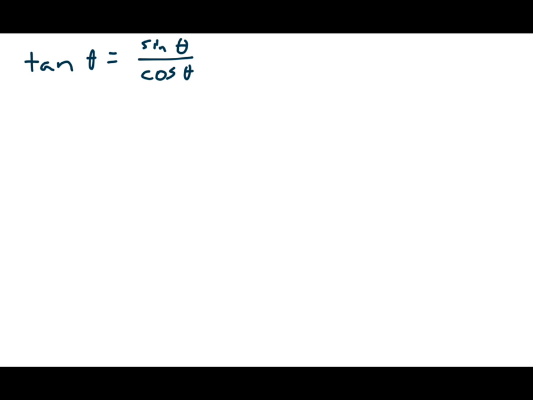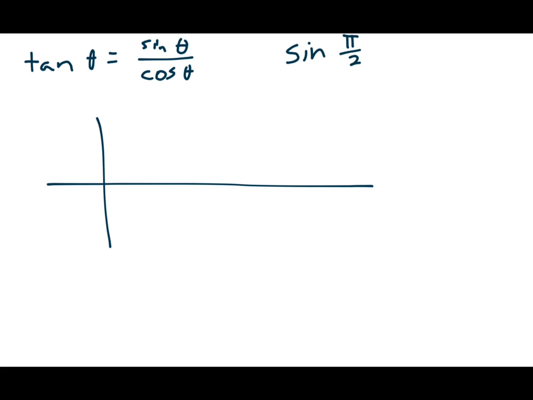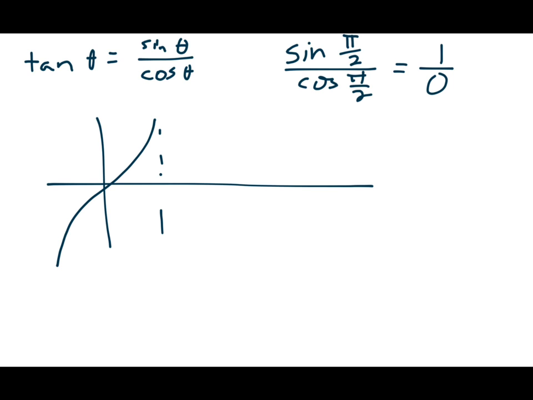If you remember that, then when you go to graph it, you can actually put this in your calculator and see that sine of pi over 2 and cosine of pi over 2 gives 1 over 0, which is undefined. So every value of pi over 2 is going to mess up with tangent. So it actually ends up looking like this.